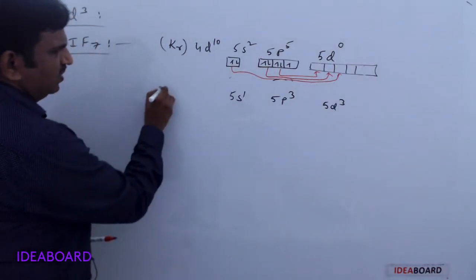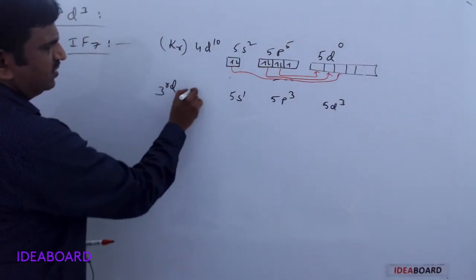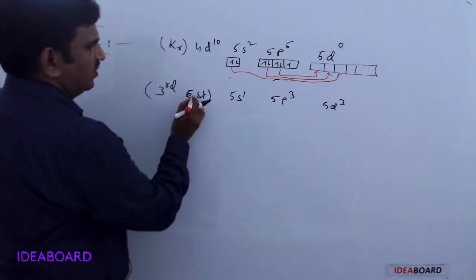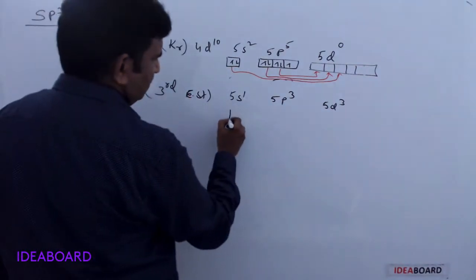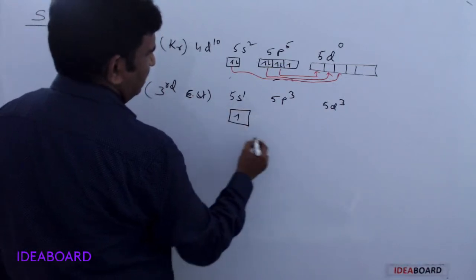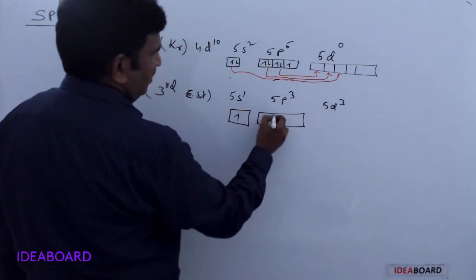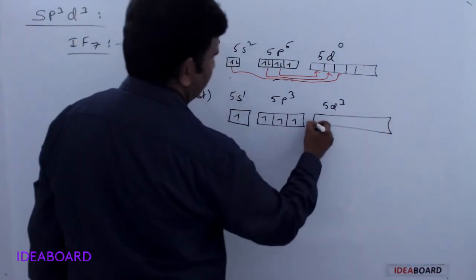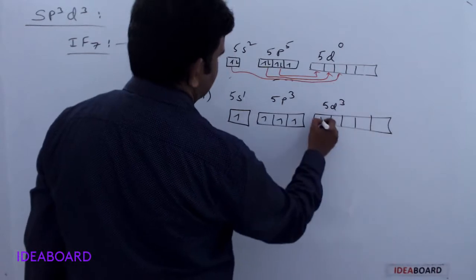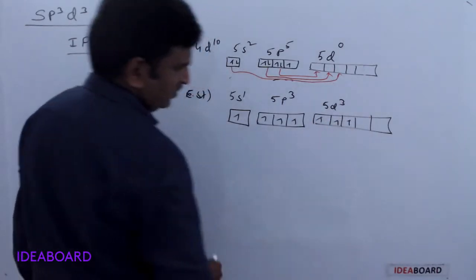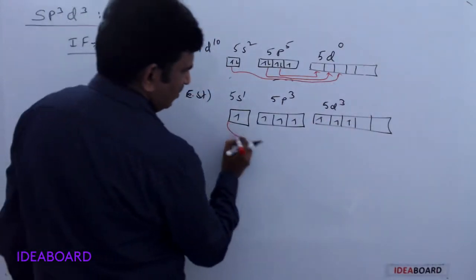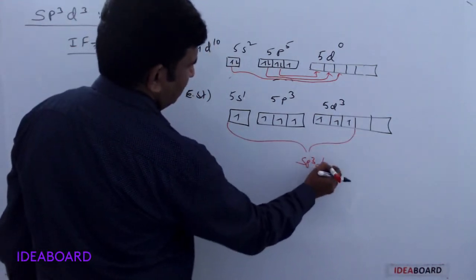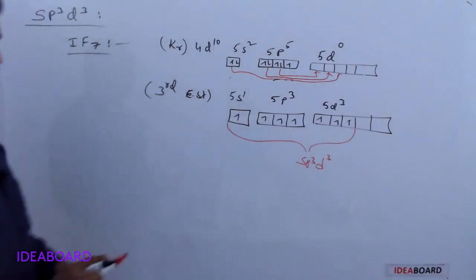So this is called the third excited state configuration. In the third excited state, the valence shell contains 5s1, 5p3 and 5d3. And now these undergo intermixing to form sp3d3 hybrid orbitals.